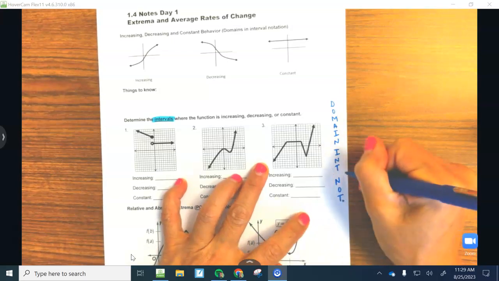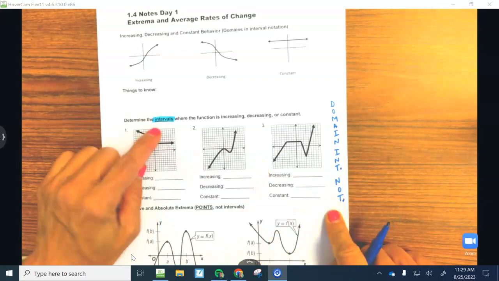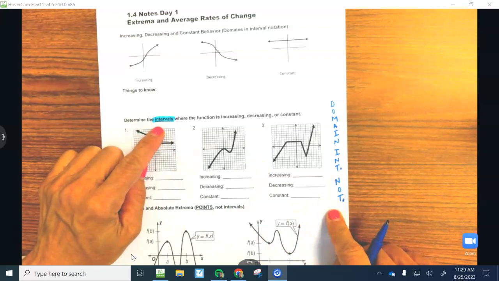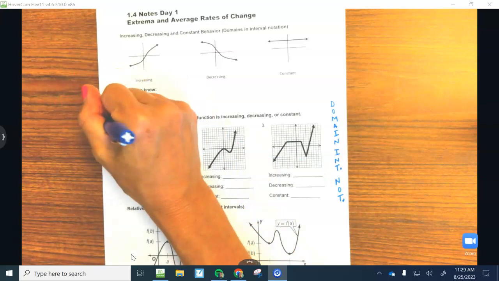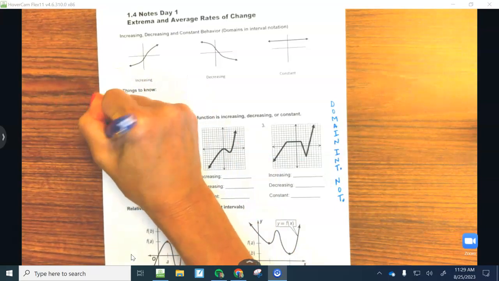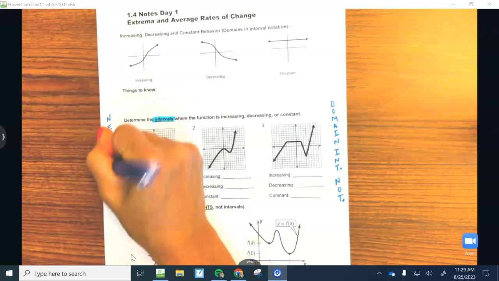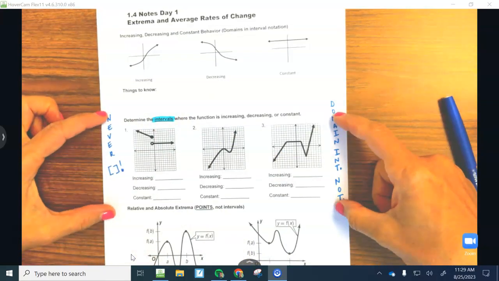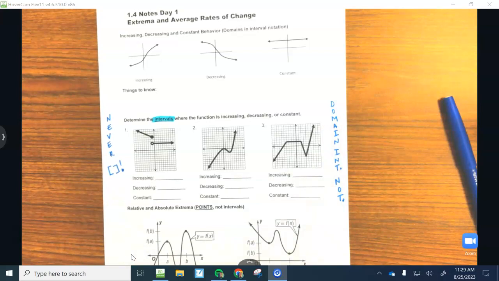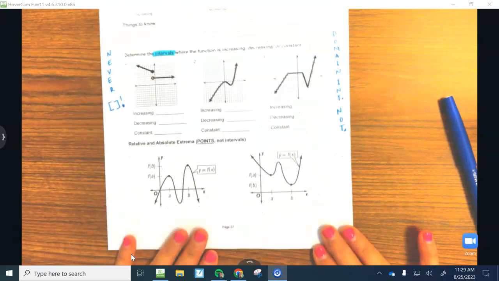It's easy to remember because the word interval is in interval notation. Here is one more big important point. Never brackets. So that's what you need to remember about this section.